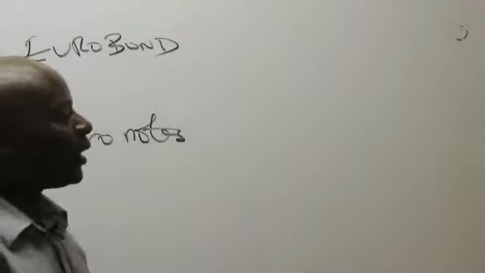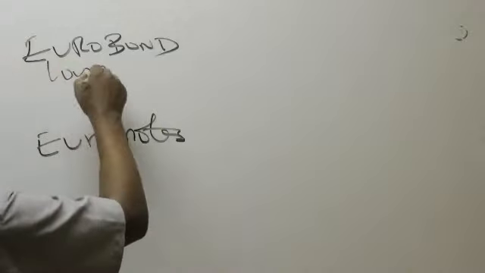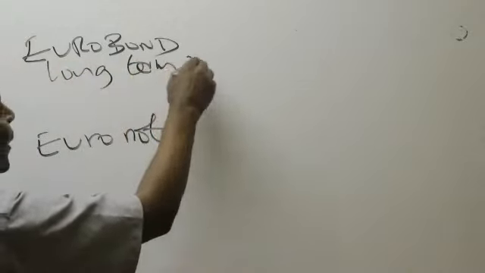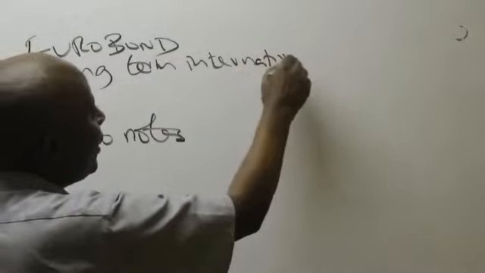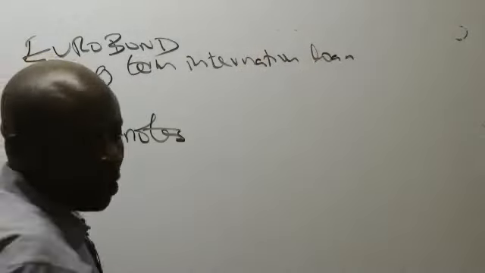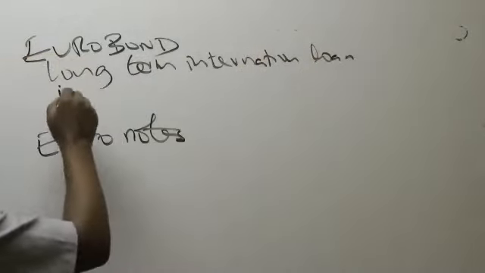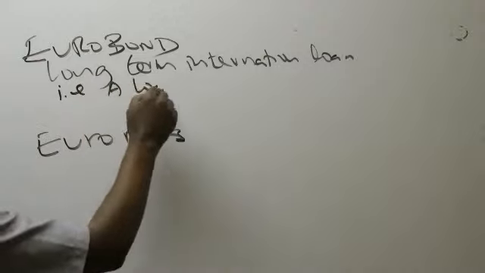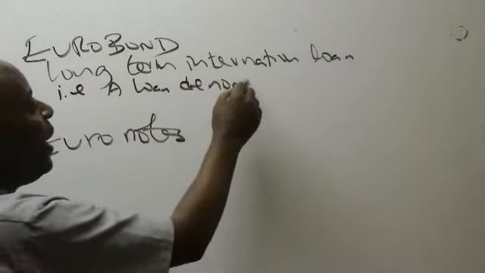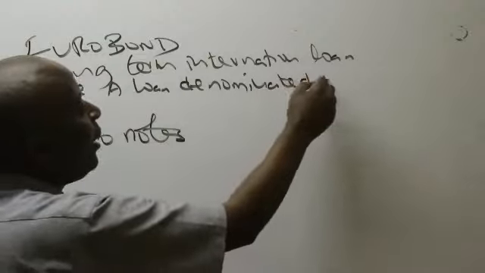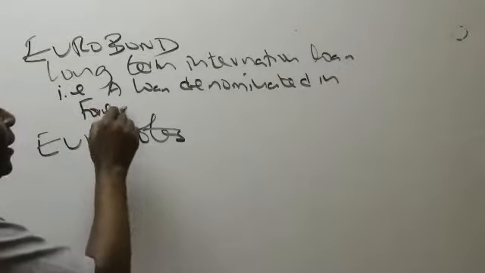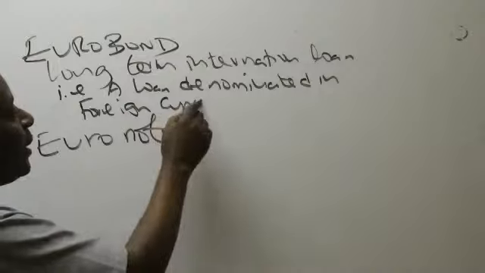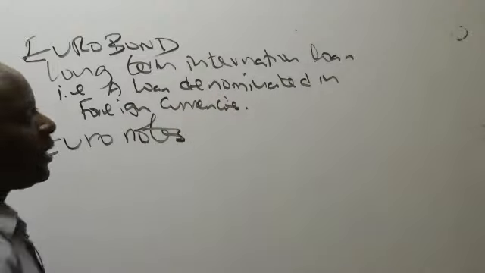Basically, a euro bond is a long term international loan, i.e. a loan denominated in foreign currency. In foreign currencies.